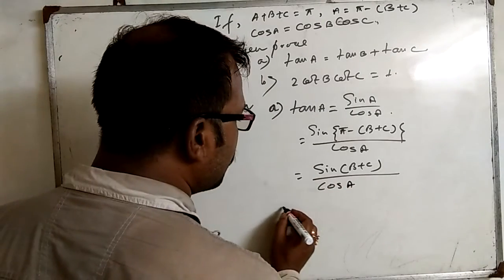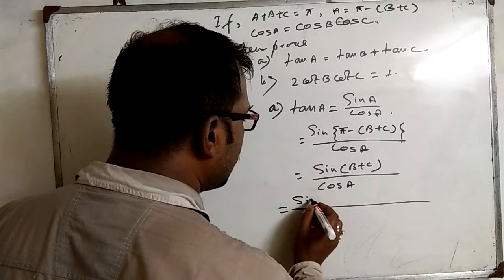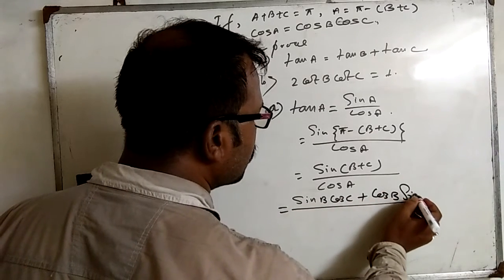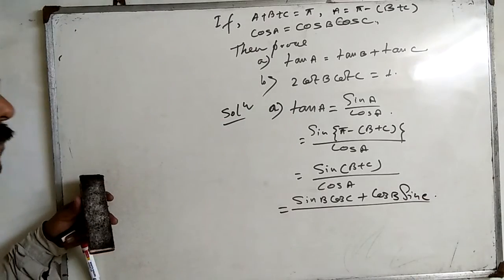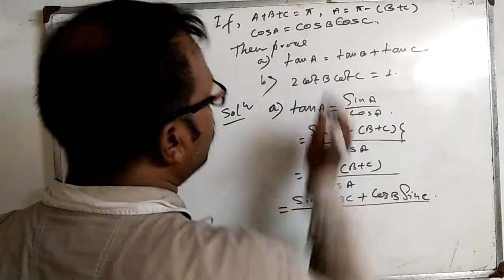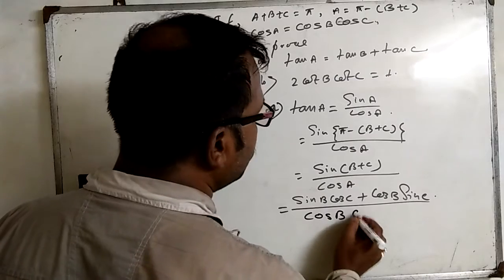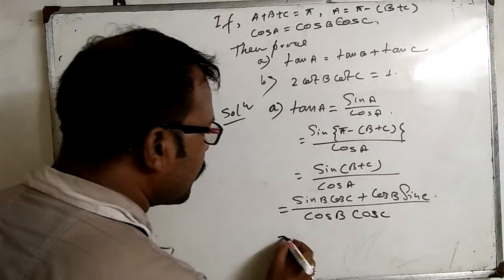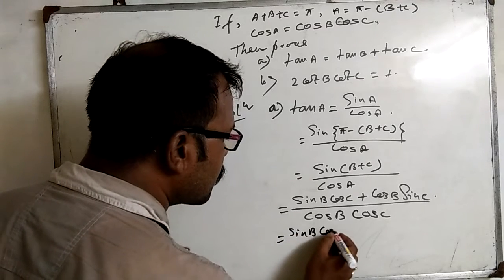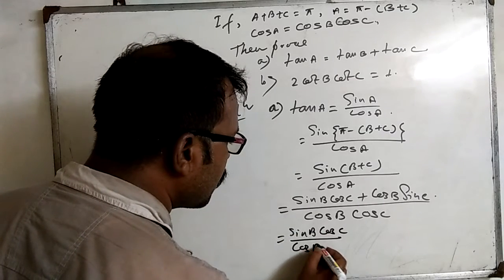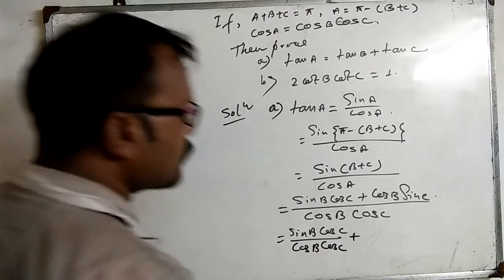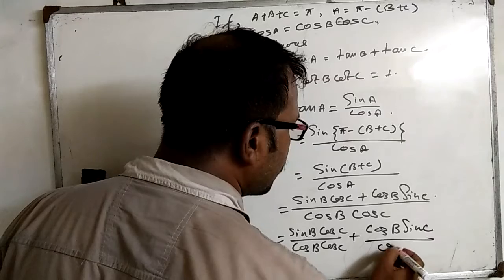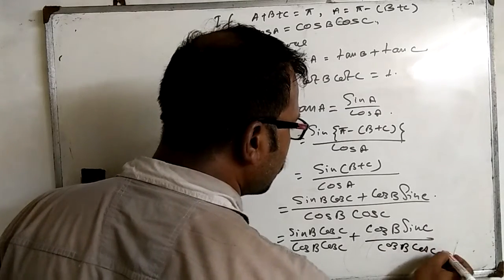We expand sin b plus c: sin b cos c plus cos b sin c, over cos a, which is cos b cos c. So we can write sin b cos c by cos b cos c plus cos b sin c by cos b cos c.